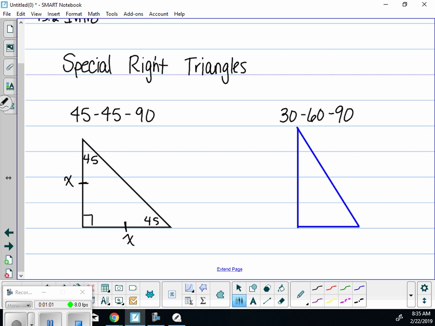And if we use the Pythagorean theorem, x squared plus x squared equals the hypotenuse squared, we would get 2x squared equals the hypotenuse squared.